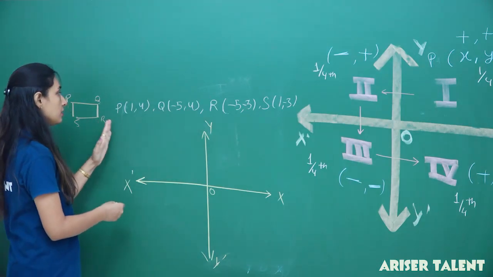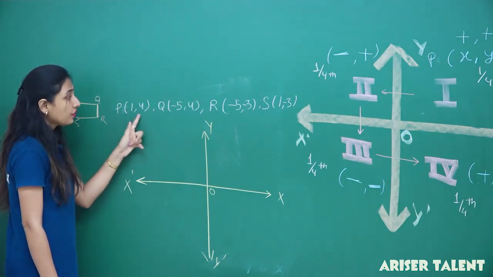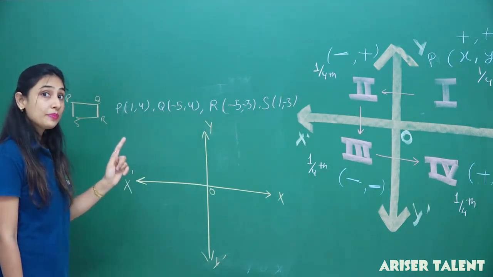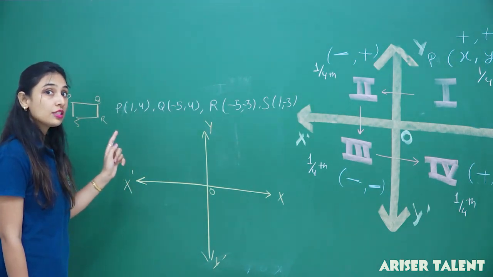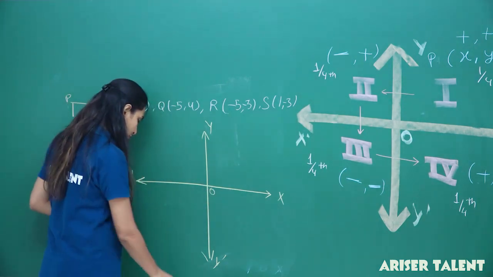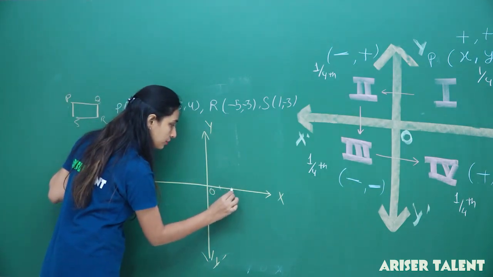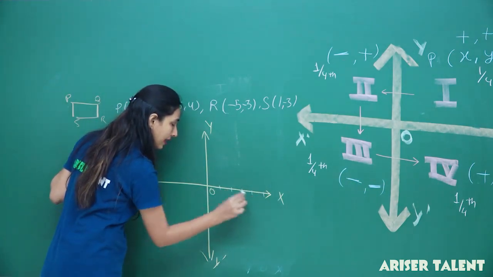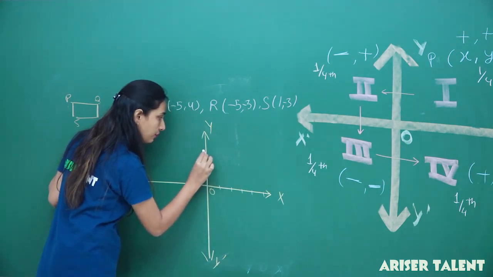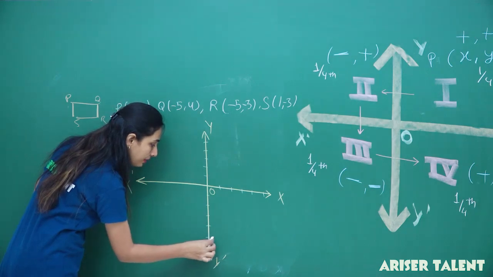Now we will pick the first come first. So the first point is P, which is (1, 4). Now abscissa x is positive, that is 1. So if I draw this 1, 2, 3, 4, the maximum is 5.